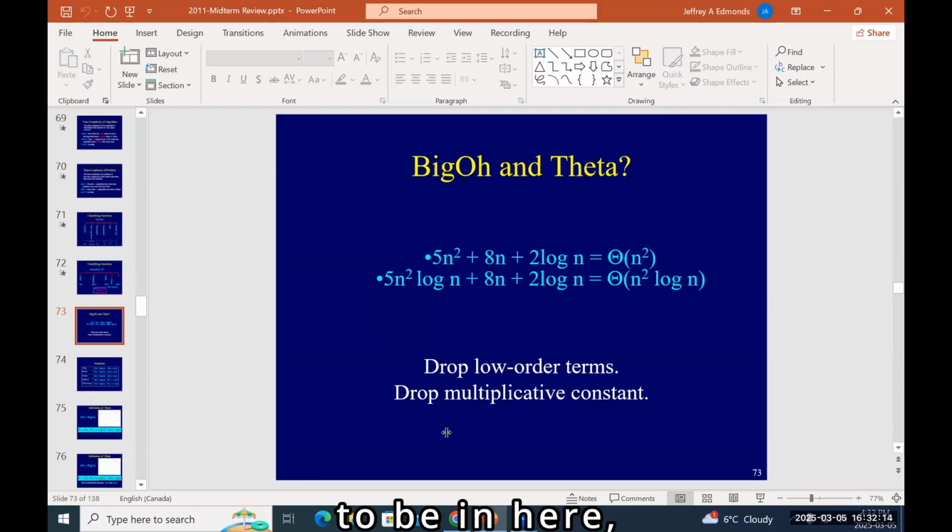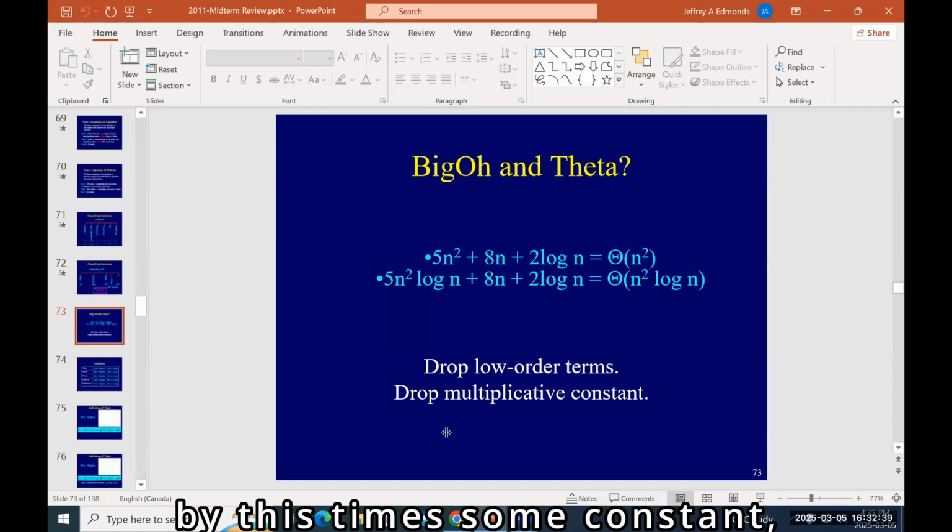So here, to be in here, it has to be less than or equal to, say, 5 times n cubed log to the 7 n, and greater than or equal to 3 times that. So for a function to be in here, it has to be bounded by this times some constant.